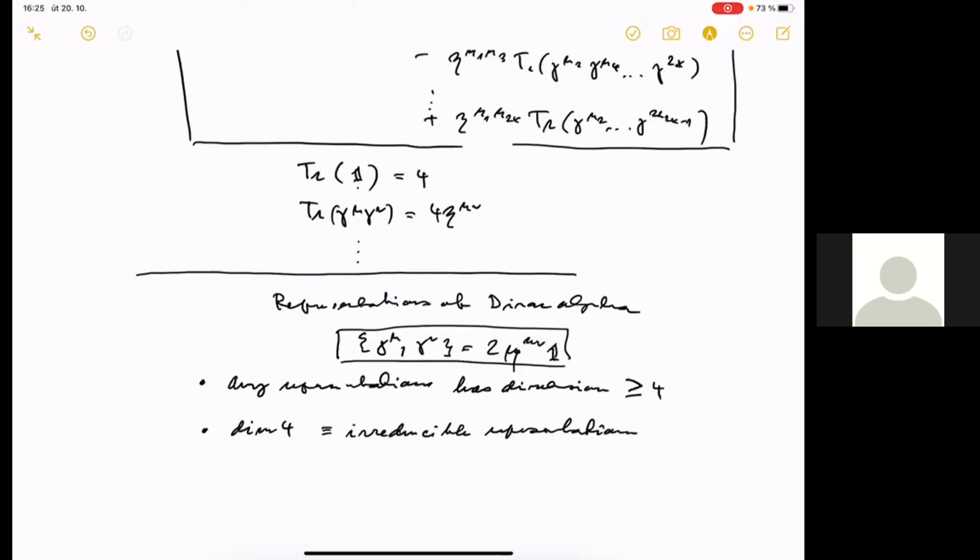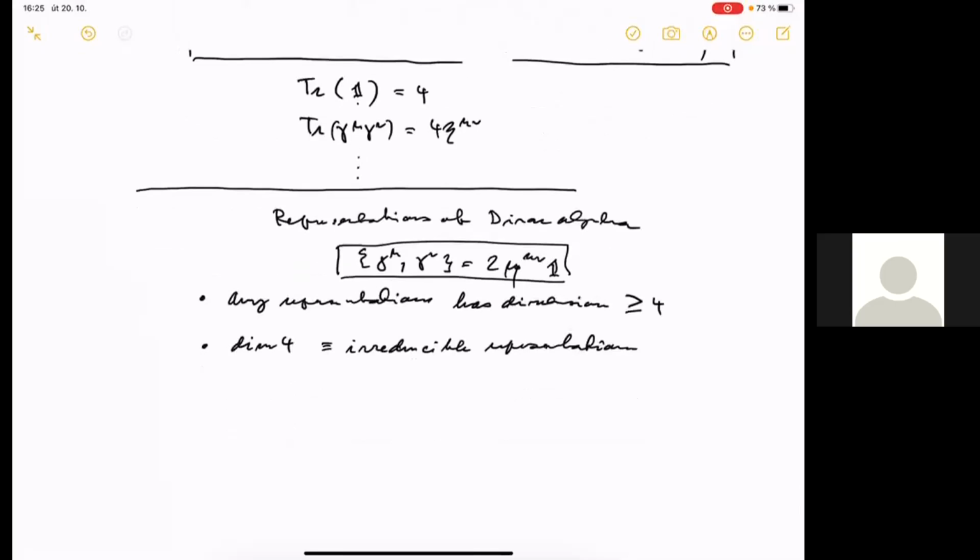That means that these matrices cannot, using appropriate coordinates in the representation space, be represented by block diagonal matrices. Also, the so-called Pauli lemma holds.